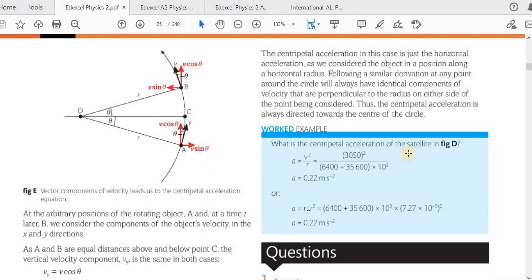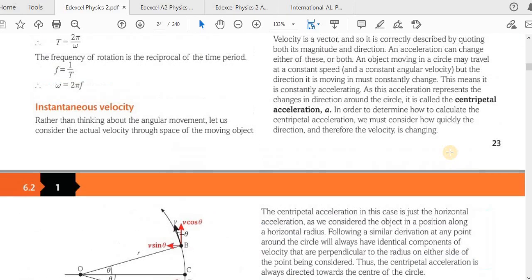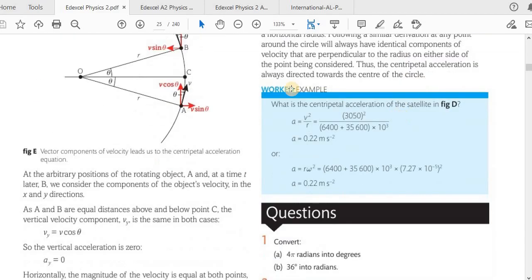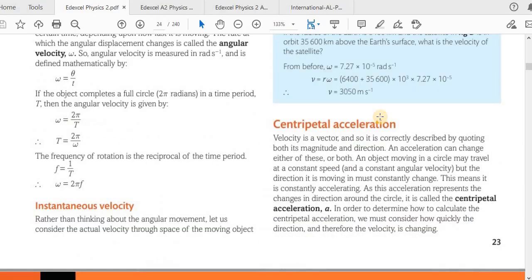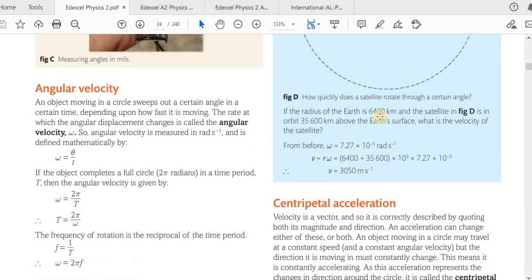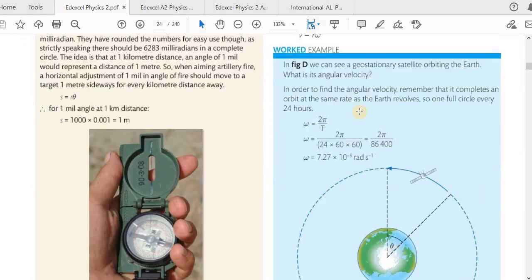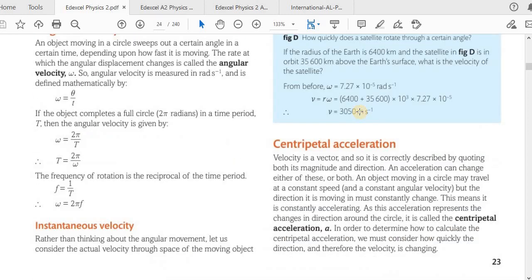What is the centripetal acceleration of the satellite in figure D? Okay, so now simple, we can directly use the equation a equals v squared over r. If we use this equation, we should still get the same answer. So v is the tangential velocity, or that linear speed. They also, I think, call it the instantaneous speed here.